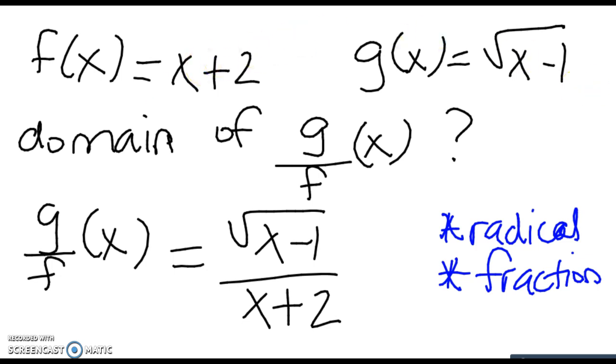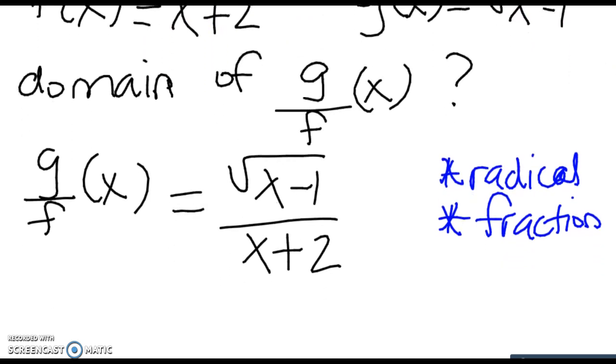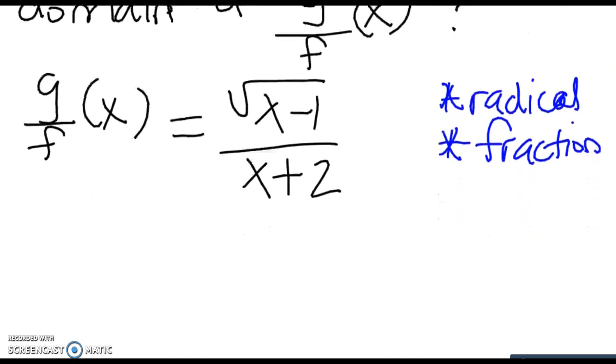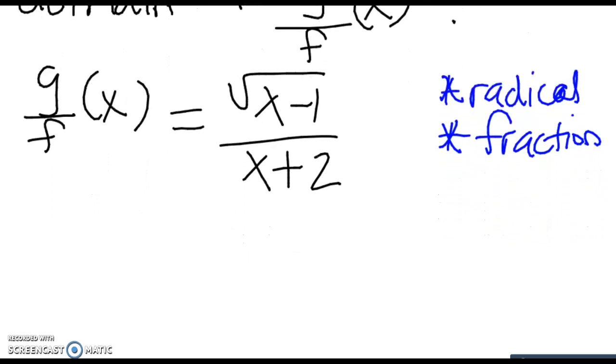First, let's talk about the denominator. It really doesn't matter which order you consider it, but we will consider the denominator first. Our denominator is x plus 2. We know dividing by 0 is undefined, so we never want what's in the denominator to be 0. So we take the x plus 2 and say it can't equal 0.